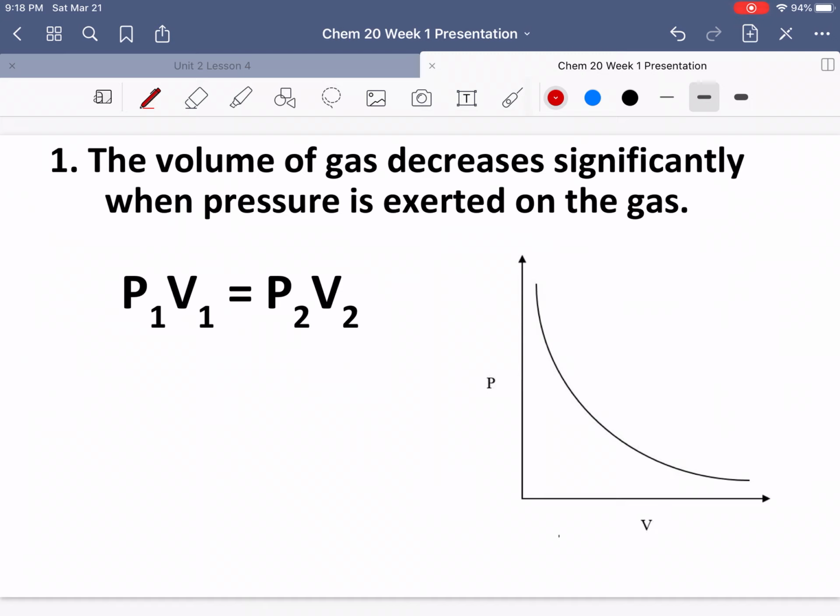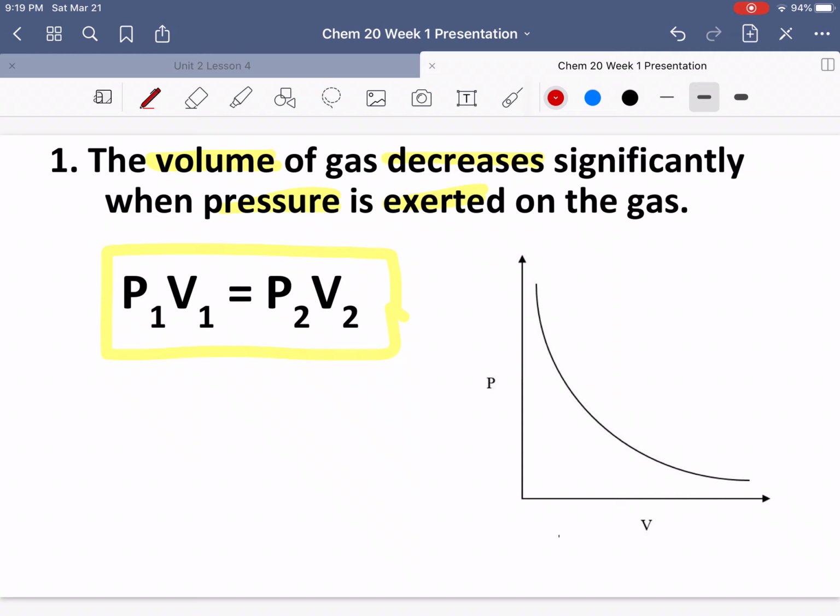Let's finish up here. A couple of implications of how these things work together. So, important stuff. The volume of a gas will go down when pressure goes up. And you can see that this is the relationship from a formula perspective that we end up with. Now, you're not going to use that formula exactly, but something similar.